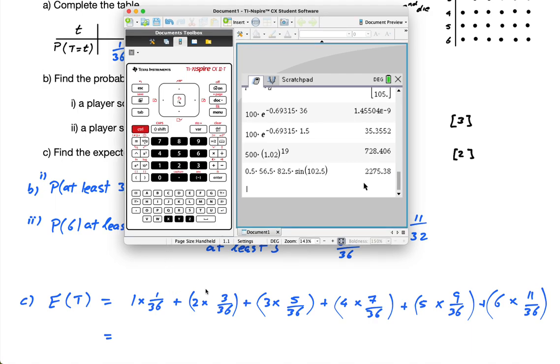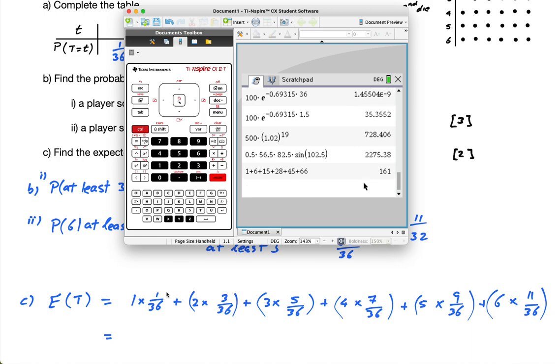So it's basically going to be 1 times 1, which is 1, plus 2 times 3 is 6, plus 3 times 5 is 15, plus 4 times 7 is 28, plus 5 times 9 is 45, plus 6 times 11 is 66, 161.